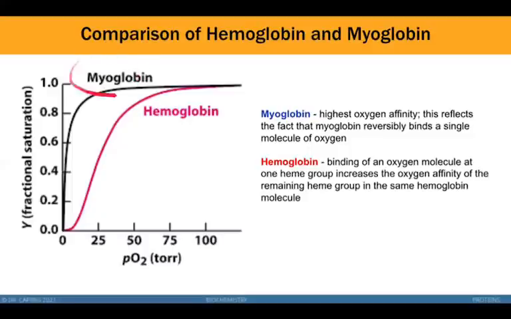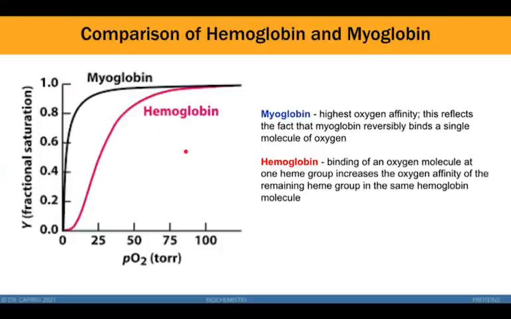It has the highest oxygen affinity. Kasi 'di ba, isa lang yung binding niya. So, if magbabind siya, yun na yun. Puno na ang kanyang capacity to bind to oxygen. So, kahit anong increase of oxygen level, the myoglobin is already saturated because it consists of only one binding site for oxygen.